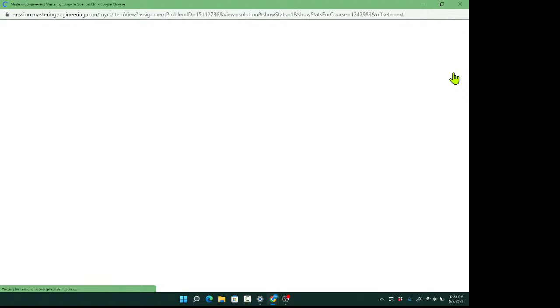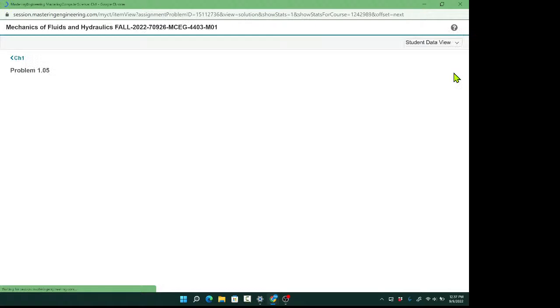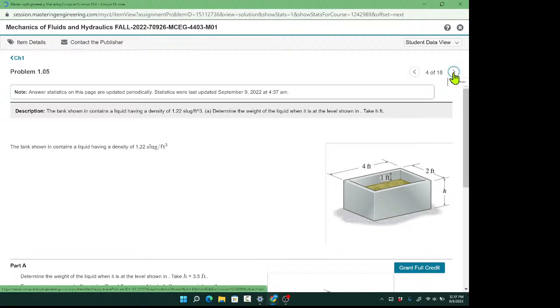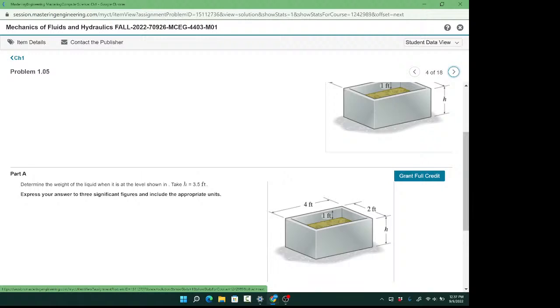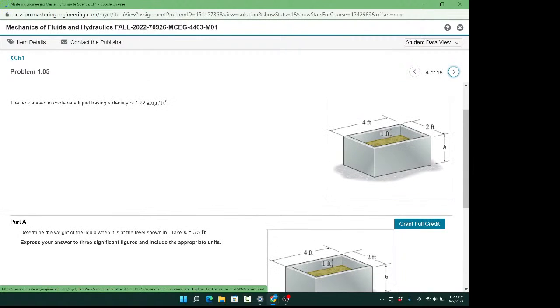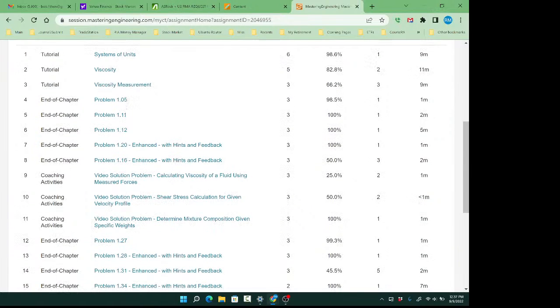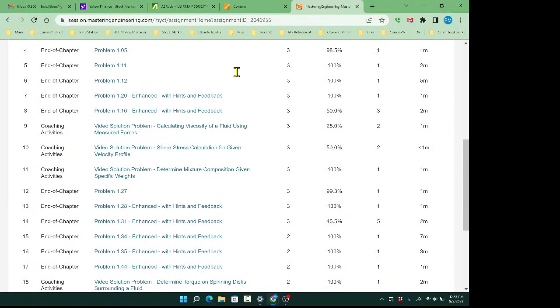Okay, I think I pushed the button. Okay, there's that one. That's the tub. We messed with that one. Okay, so let me go back to this. Video solutions, calculating viscosity using a fluid measuring forces.